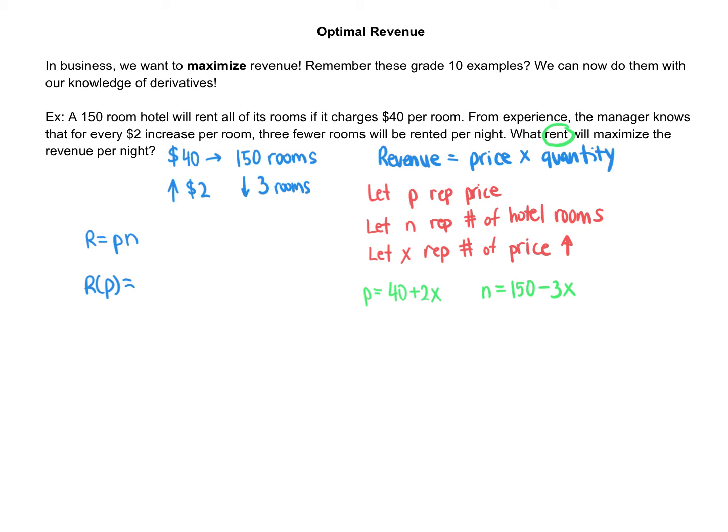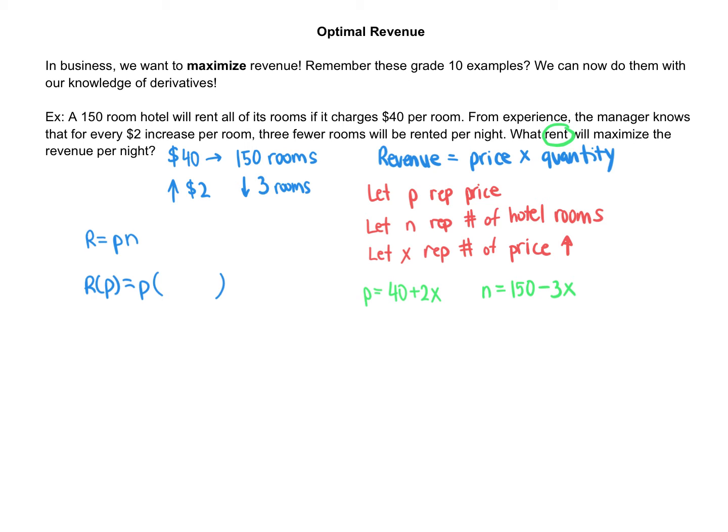So I have no problem putting P, but I need an expression for N in terms of P. And if I look at my N equation right now, that represents the number of hotel rooms, it's about X. But if I look at this equation here, I can isolate for X to get it in terms of P. And then I can take that and sub it in here.